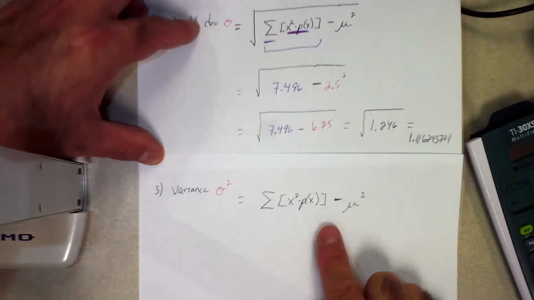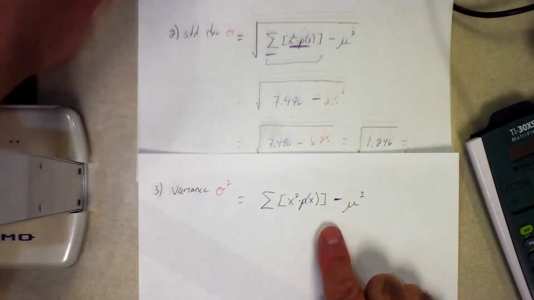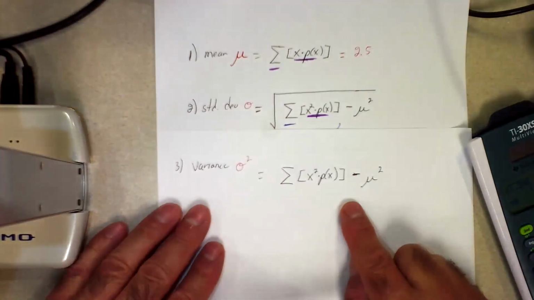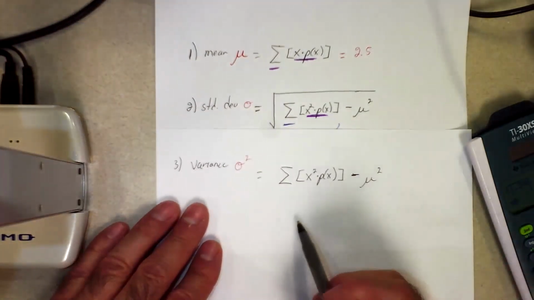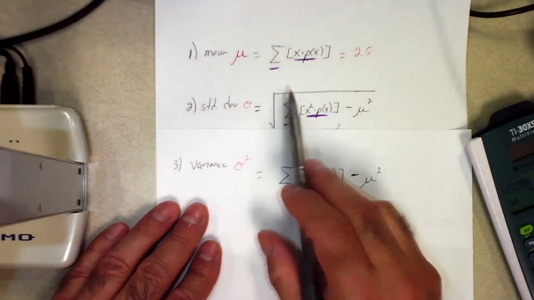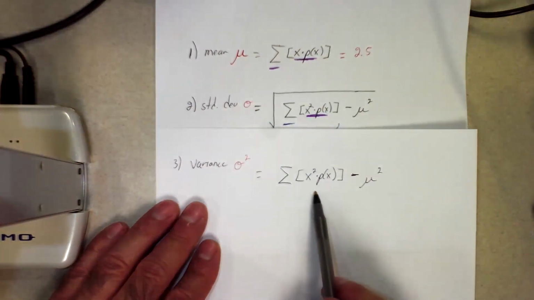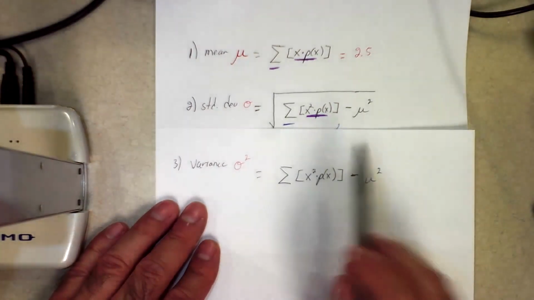So how is this formula different from the standard deviation? That's right. The variance does not have the square root surrounding the expression inside. So there is no square root.